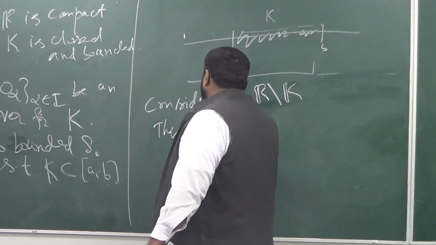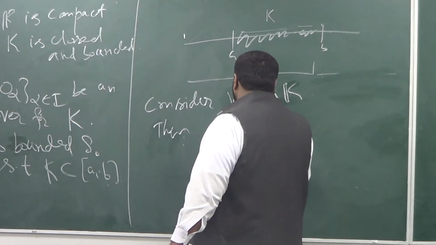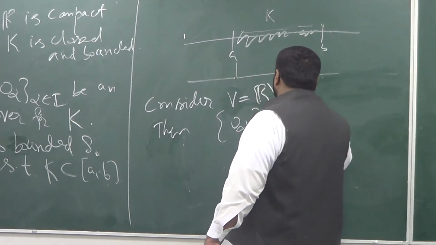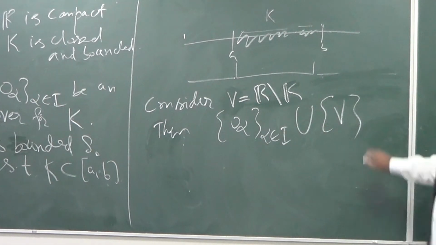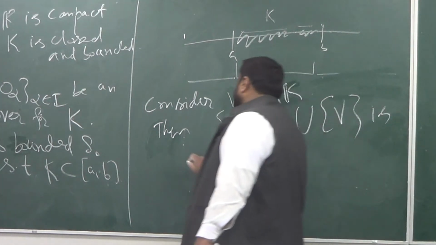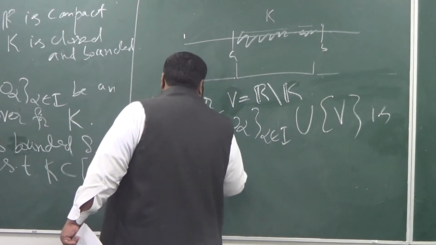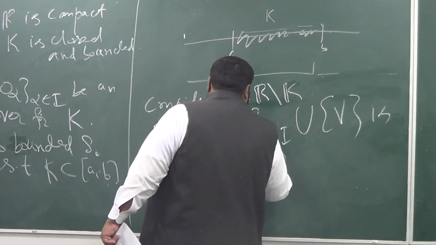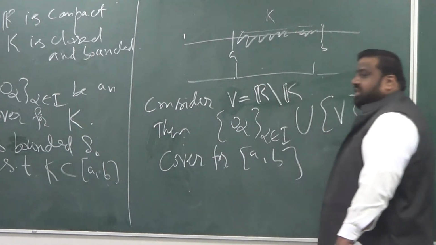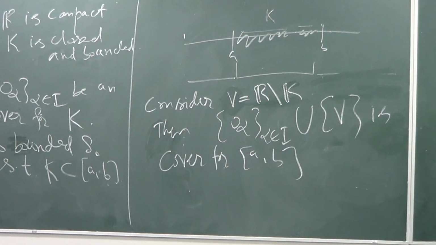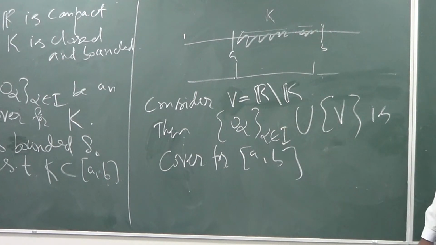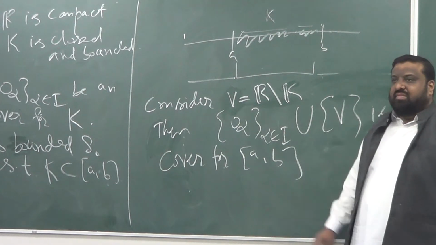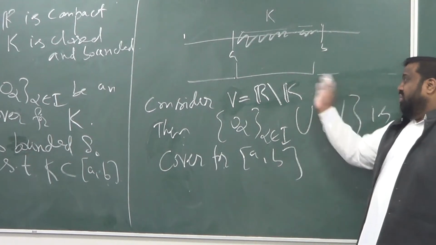Then the O alpha such that alpha in I, union V, is a cover. If you include this V into this cover, now I have an open cover that covers your A to B. In fact, it covers the whole of R.